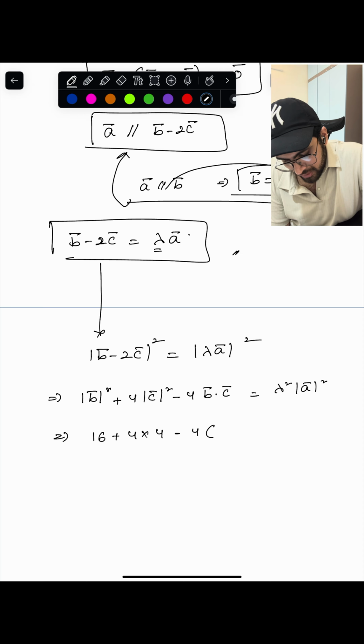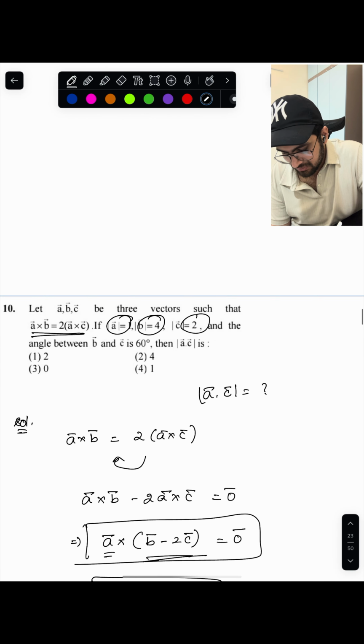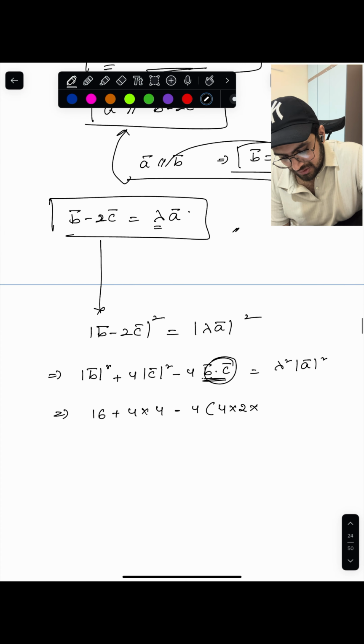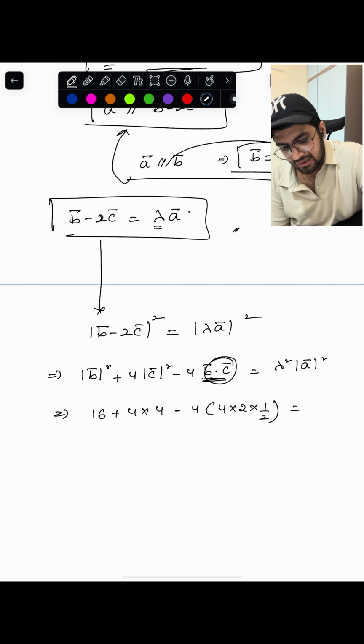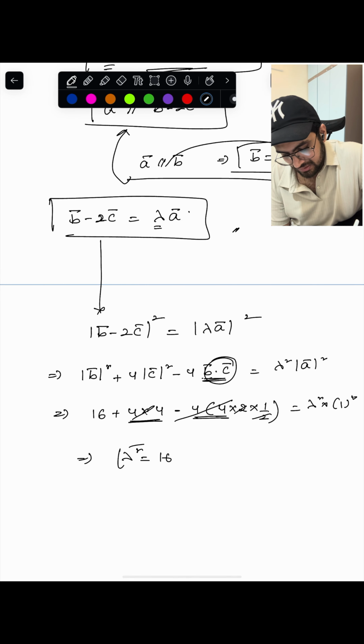So B bar dot C bar means mod B bar, which is 4 into mod C bar into 2 cos of angle between them. So already angle between them is given, which is 60 degrees. So cos of angle between them is 1 by 2 equals to lambda square into 1 square. Okay, 2 cancels out. Minus 16 plus 16 cancels out. So lambda square equals to 16 here.